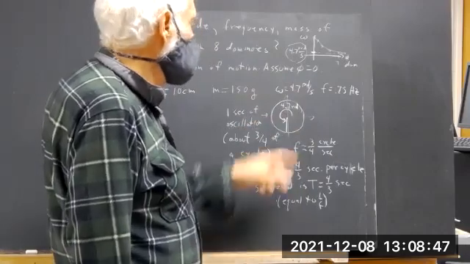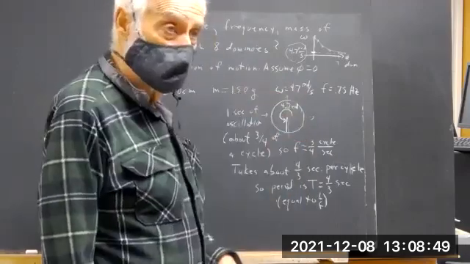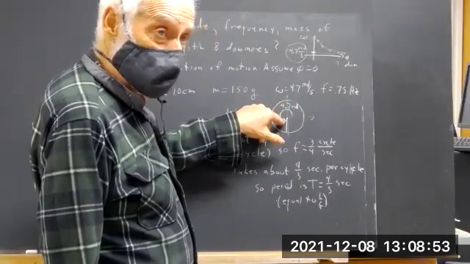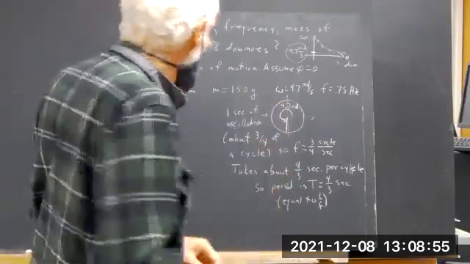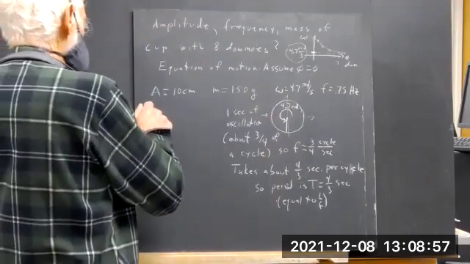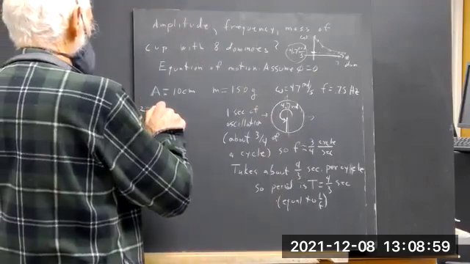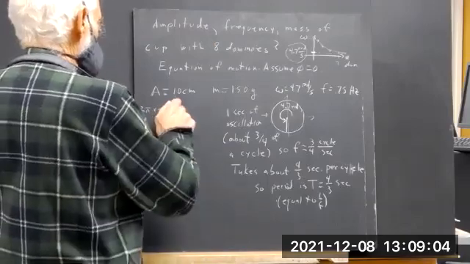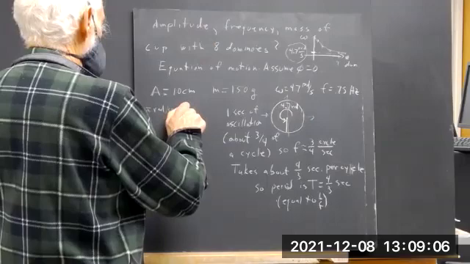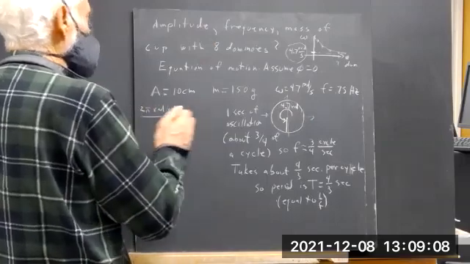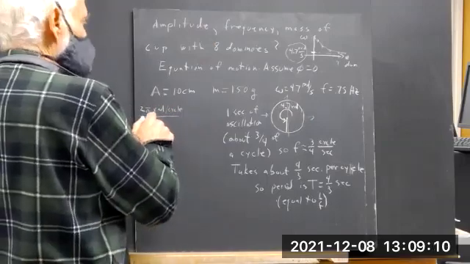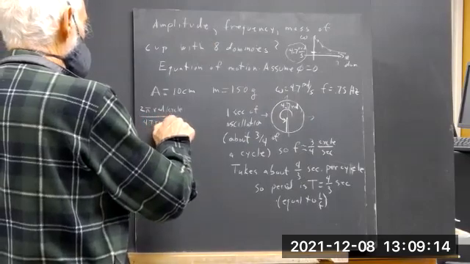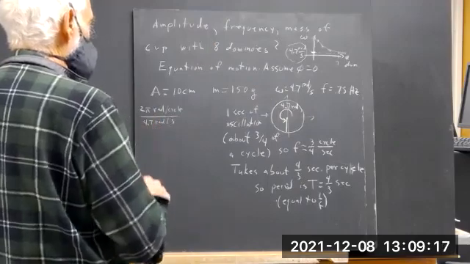Well, in each case, you divide the 2 pi radians in the circle by the number of radians in a cycle. Okay? Let me write that out. I kind of didn't say that right. 2 pi radians per cycle divided by 4.7 radians per second.